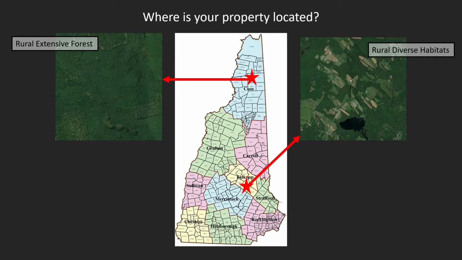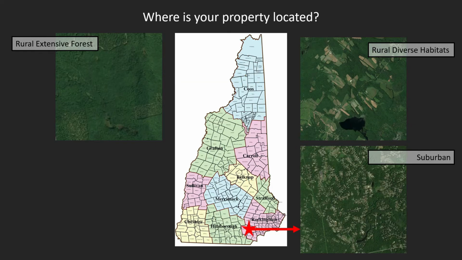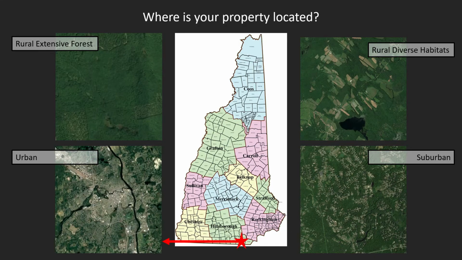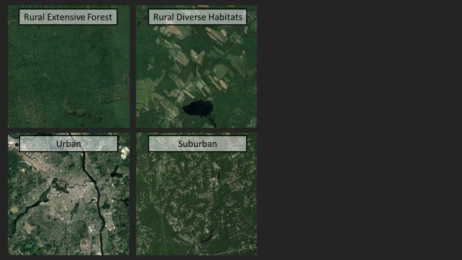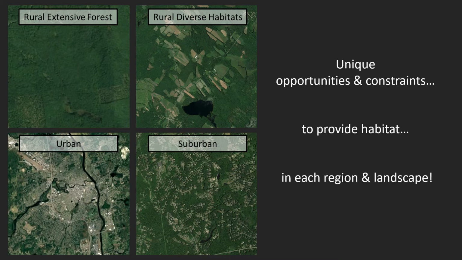The wildlife that occur in a landscape of extensive unfragmented forest are different than the wildlife we would expect in a forest heavily fragmented by suburban development, and much different than the wildlife we would expect within a very urban landscape. We can provide habitat for wildlife in any of these areas, but to be most successful, we need to recognize the unique opportunities and constraints inherent within each region and landscape.